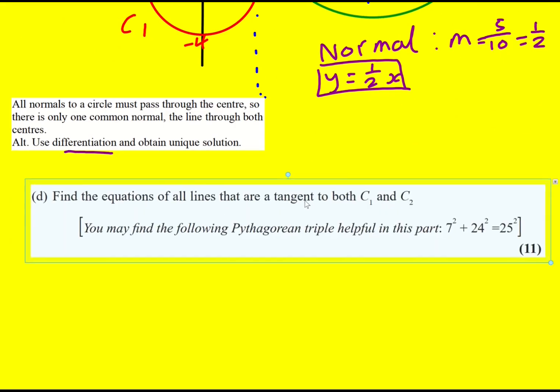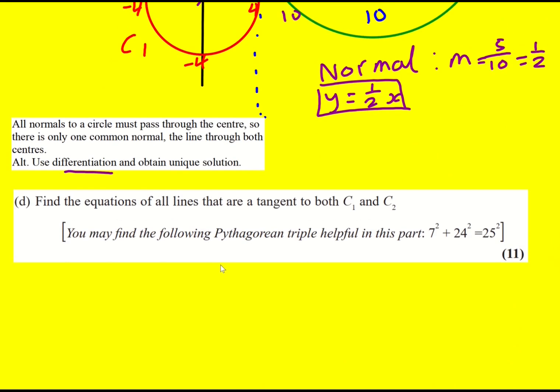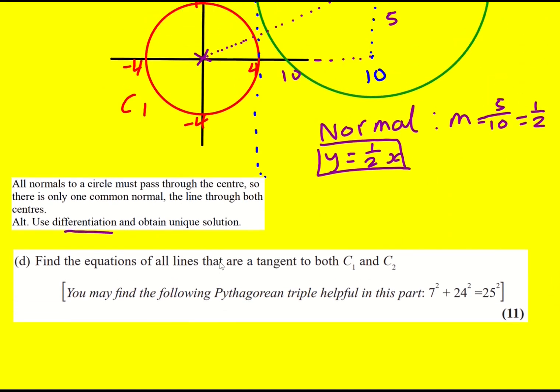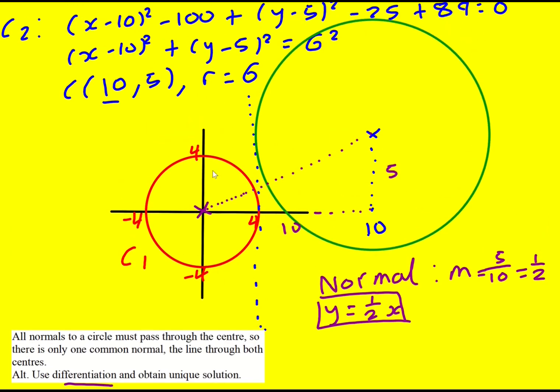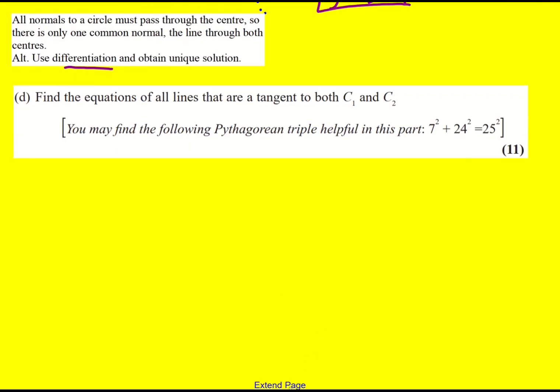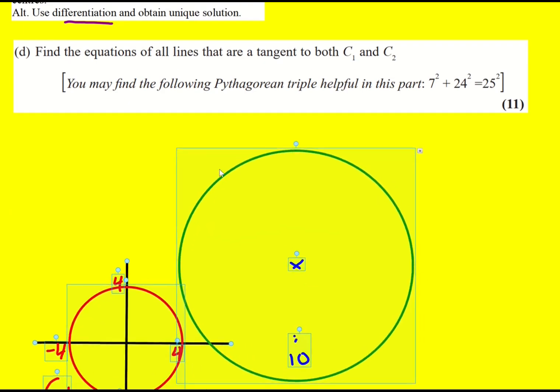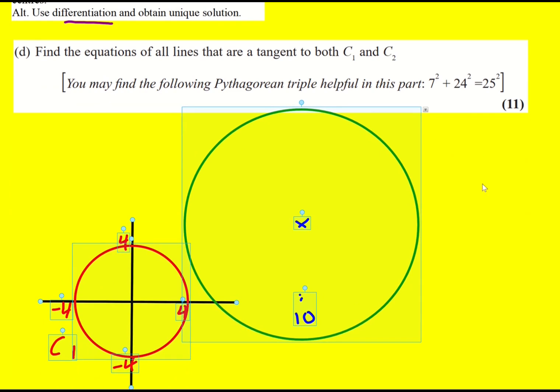So when you get to part D and it's 11 marks, this is telling us it's going to be a lot more involved. We're going to now find the equations of all the lines that are tangent to both C1 and C2. So let me bring this sketch down, but now instead of normals, we're looking at tangents. We can get some insight just from the sketch though straight away.